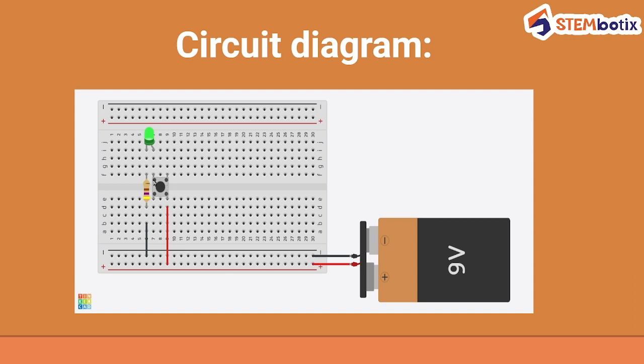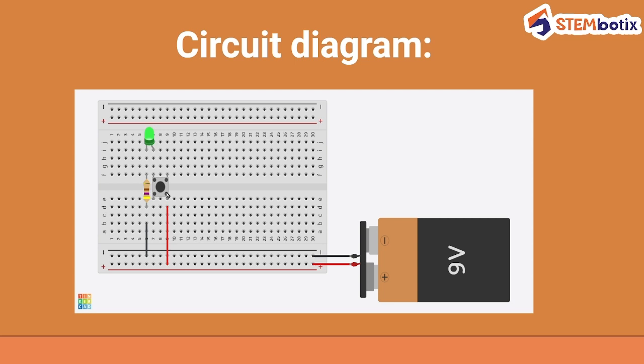So connect here first time in vertical manner. So place a push button and connect one terminal of push button with the anode of LED and the diagonal of this terminal. Use another diagonal terminal.